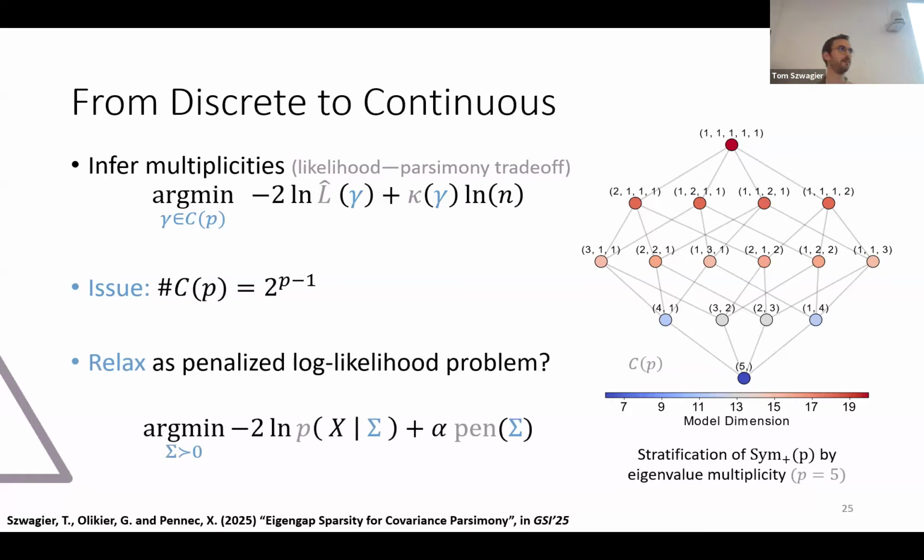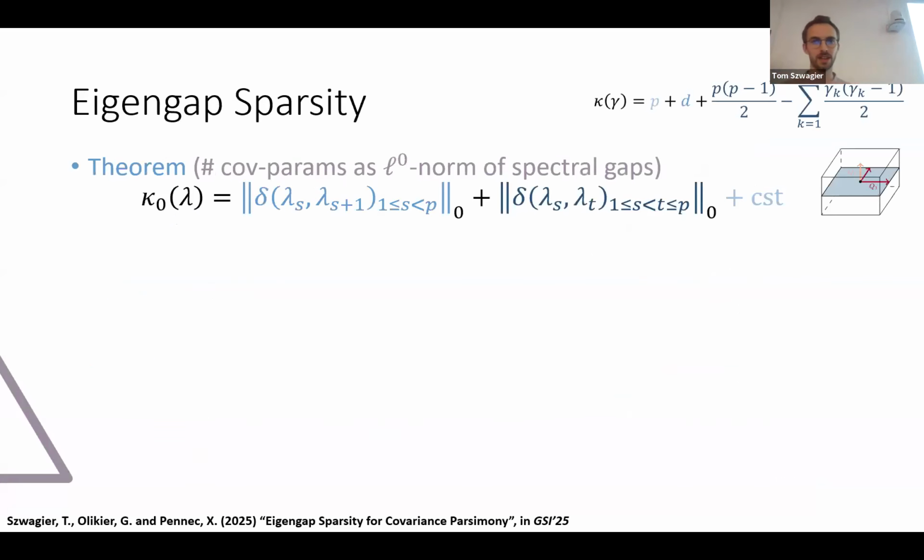A natural idea might be to make this discrete problem continuous. But the question is, how should we relax the discrete penalty on the number of parameters of your model? It's not evident at first sight. And for that, we have a nice result, which exactly writes the number of covariance parameters as an L0 norm of the spectral gaps in your covariance matrix.